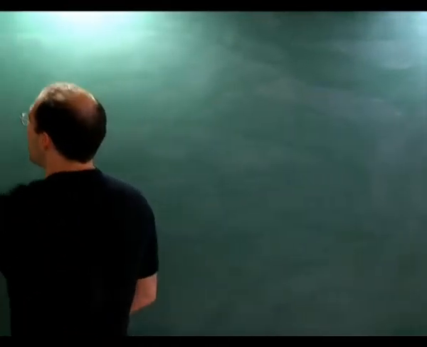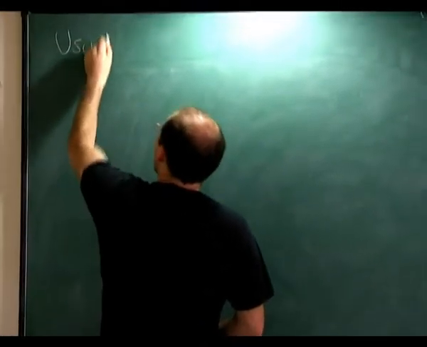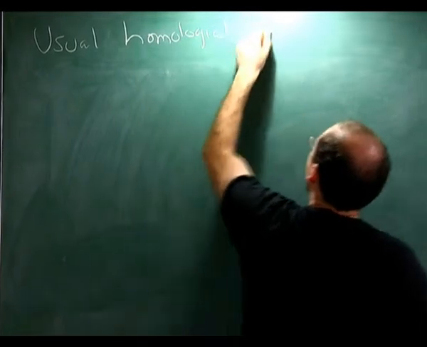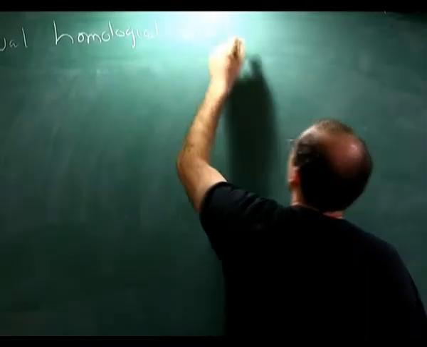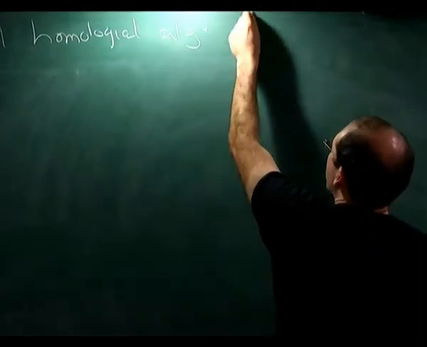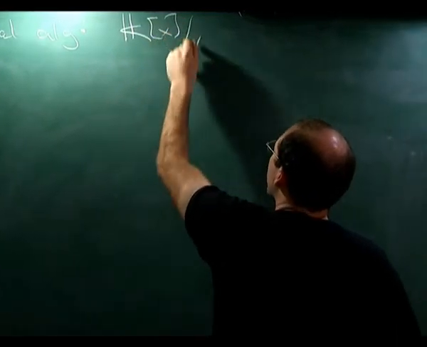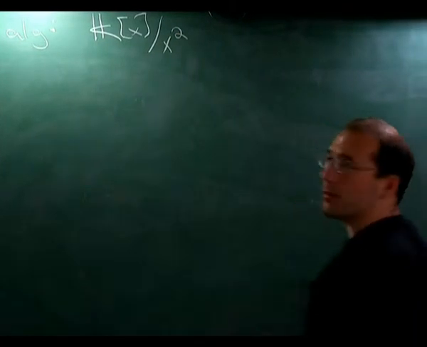Okay? So the usual homological algebra is going to be a theory associated to this ring k[x]/(x²). So k is a field. Okay? This is not just any ring. It's actually a super Hopf algebra.